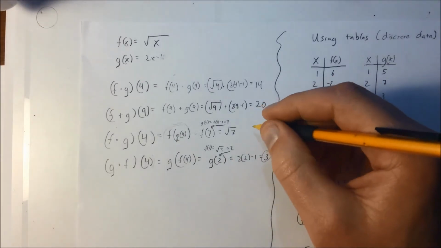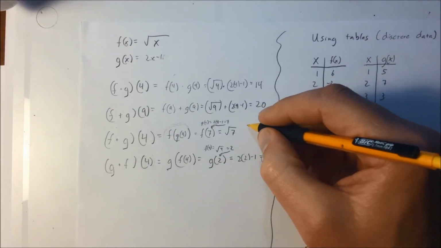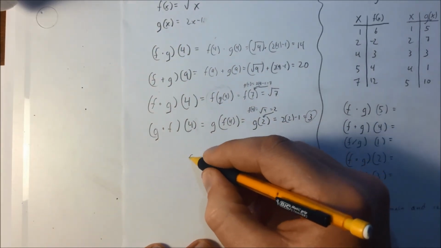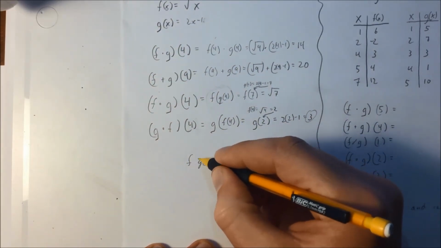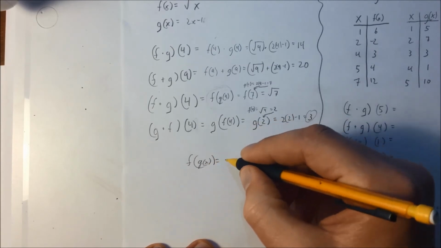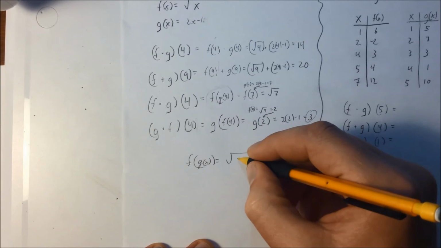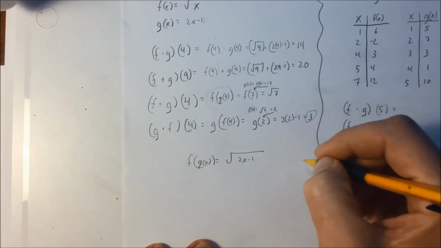If I wanted to, I could have written it like this. f of g of x, where f of x is the square root and g of x is 2x minus 1.